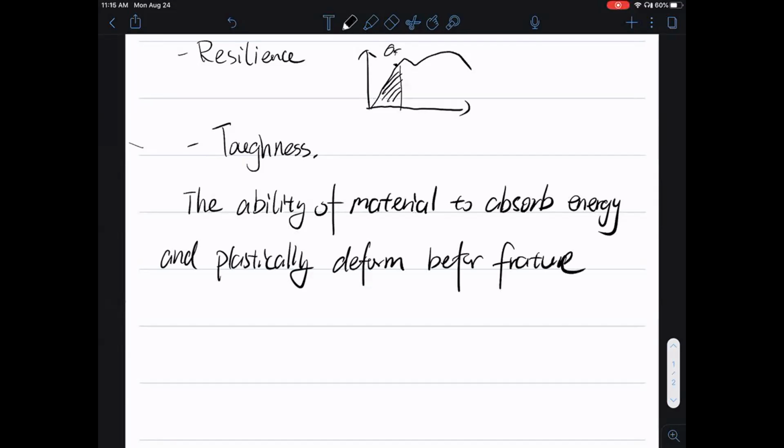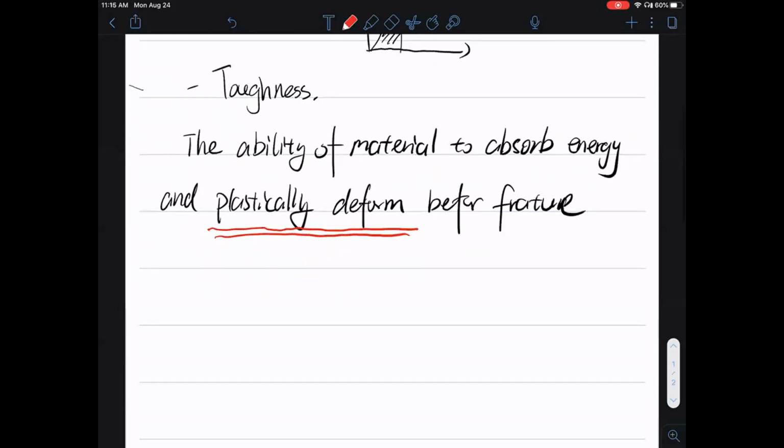The keyword here is plastic deformation. Previously, the definition for modulus of resilience was deformation in the linear region, which is the elastic deformation. But for toughness, the definition has to be plastic. Sometimes it's also called modulus of toughness.